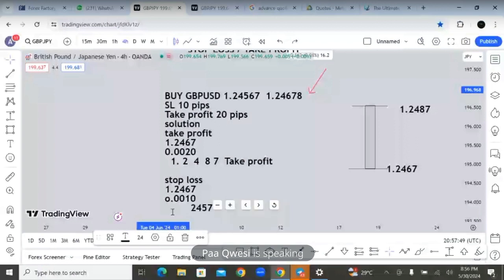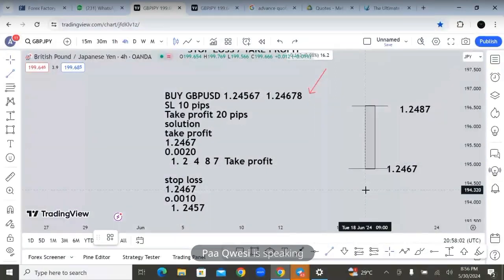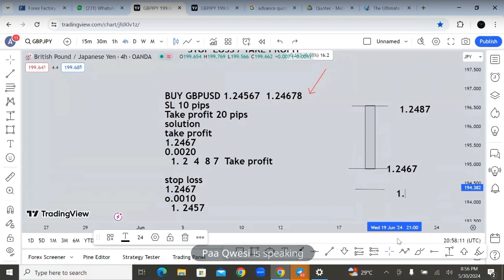So this will be our stop loss price. The stop loss is going to be here, which will be 1.2457.